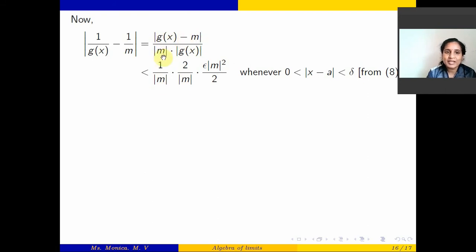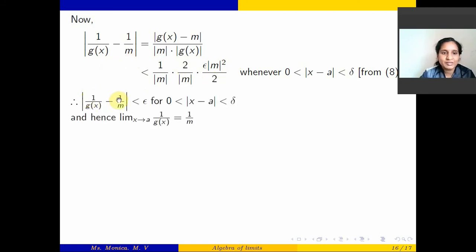Modulus of g of x minus m is less than this quantity when this condition is satisfied. 1 by mod g of x is less than 2 by mod m when this condition is satisfied. We'll simplify everything. 2 and 2 get cancelled. Mod m becomes mod m square, that gets cancelled. So what do I have?